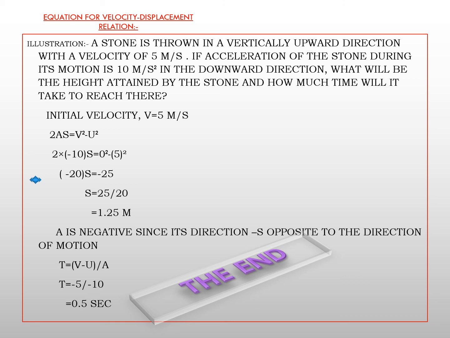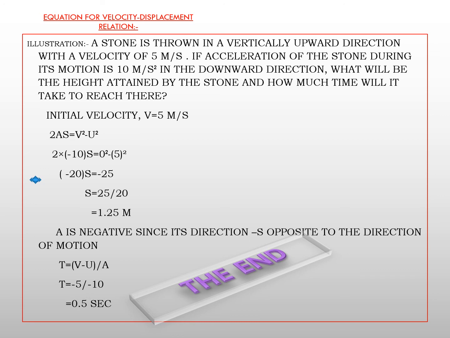Now understand the question. A stone is thrown in a vertically upward direction with a velocity of 5 meter per second. In the coordinate system, you have seen that the upper part is positive and the lower part is negative, and similarly the right part is positive and the left part is negative.